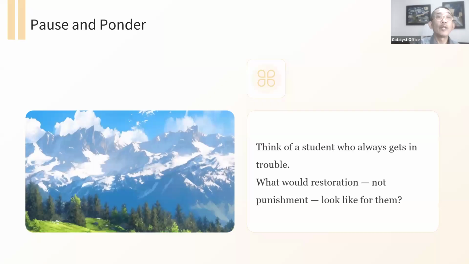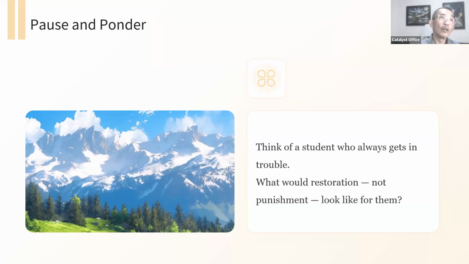Okay, let's do a bit of reflection. Think of a student who always gets in trouble. What would restoration and not punishment look like for them? So I'd like all of you after this webinar to try and see what can be done for your mindset on punishment to shift towards restorative practices.